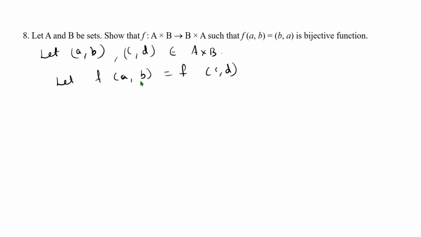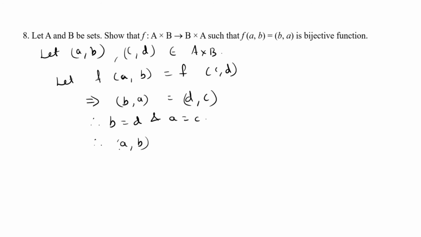If we are able to show that the ordered pair (a, b) is equal to the ordered pair (c, d), then we can say f is one-to-one. So if f(a, b) = f(c, d), it means, since f(a, b) = (b, a), the ordered pair (b, a) is equal to (d, c). If the ordered pair (b, a) is equal to the ordered pair (d, c), then b = d and a = c. Therefore, b = d and a = c, which means the ordered pair (a, b) is equal to the ordered pair (c, d). Therefore f is one-to-one.